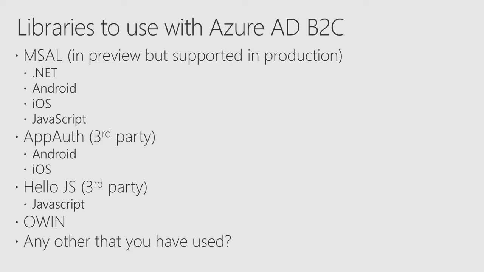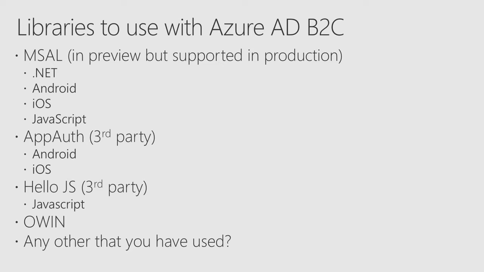I want to emphasize that Azure AD B2C is an OpenID Connect compliant service, meaning if you find any third-party library out there that can talk using OpenID Connect, you will be able to use it with B2C. And I also want to emphasize that MSAL is not meant to be an all-encompassing, general OpenID Connect library.